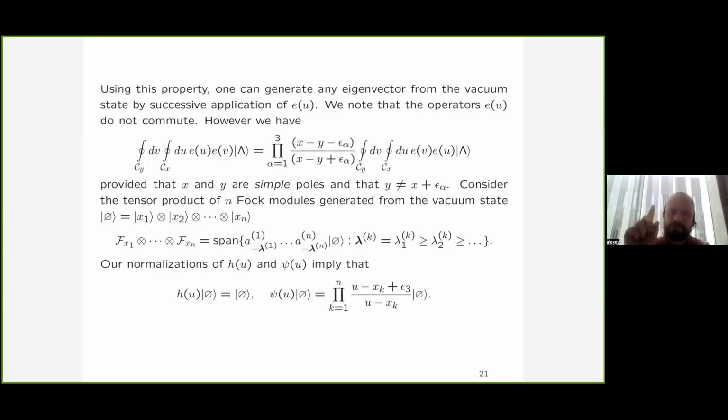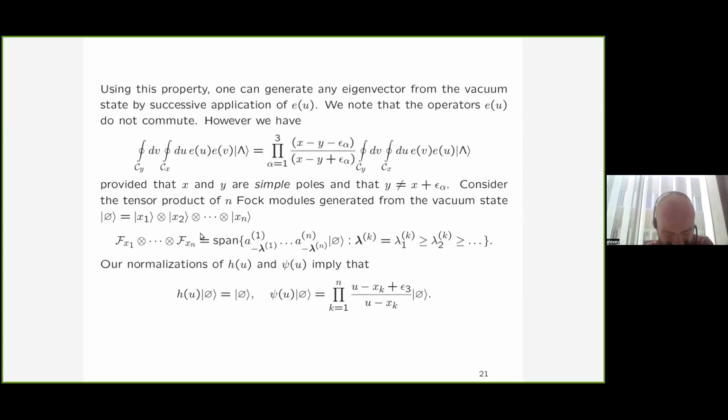Different Young tableaux, meaning how you fill your Young diagram with numbers, the standard Young tableaux, will correspond to the same eigenstate, because you can permute different E's in your eigenstate, and it will affect only the total factor. It will actually be the same state.